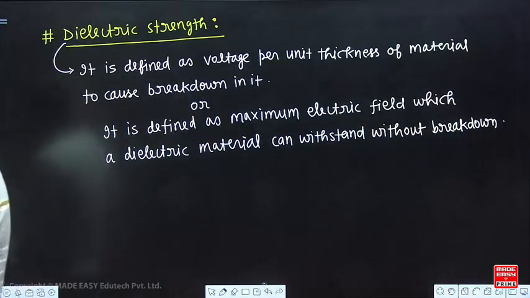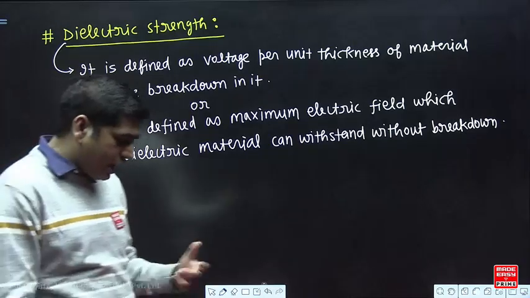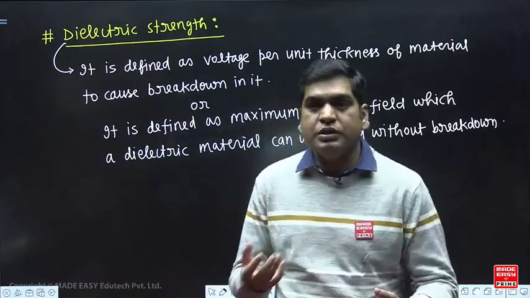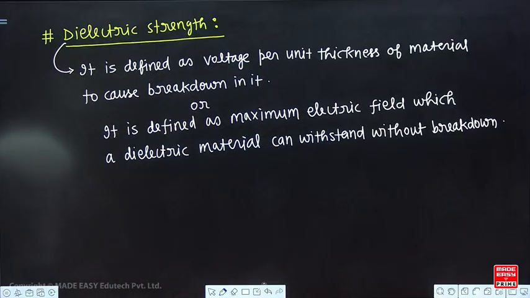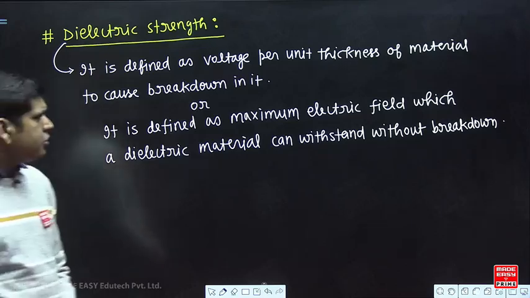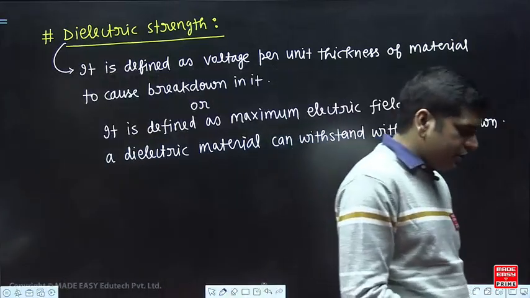We will always want a high dielectric strength, so that we can apply a wider range of voltage across the material. It can withstand a wider range of voltage. It is defined as voltage per unit thickness of material.